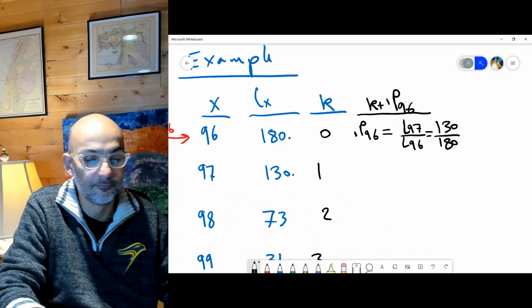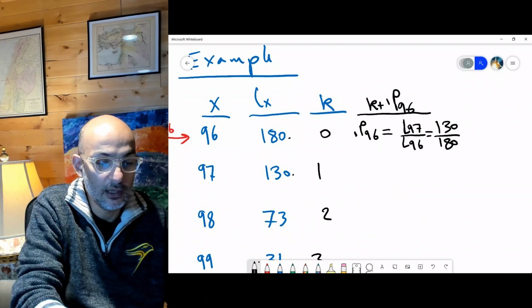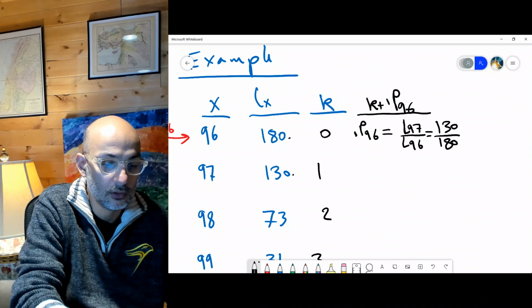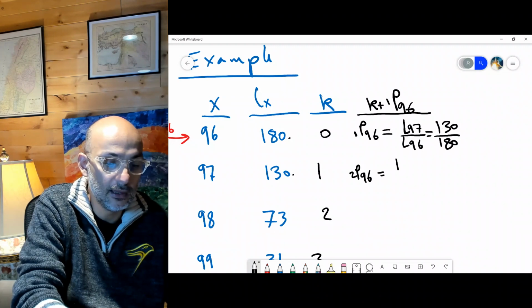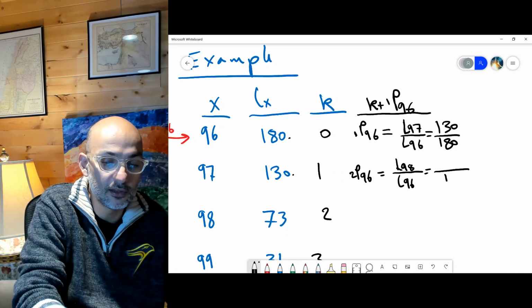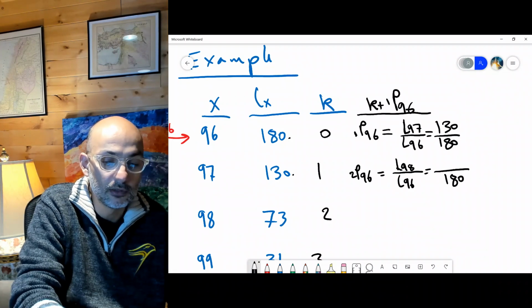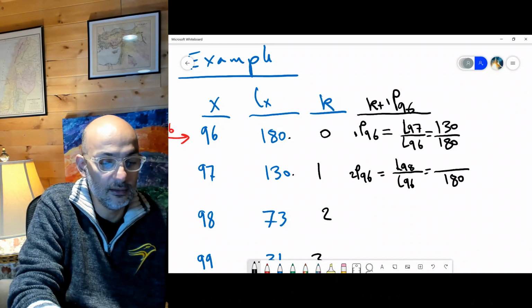It's simple. Then now k plus 1, now your k is 1 plus 1, 2. It's 2p96, right? And this will be L98 now divided by L96, because the same denominator 180. But what is L98, right?